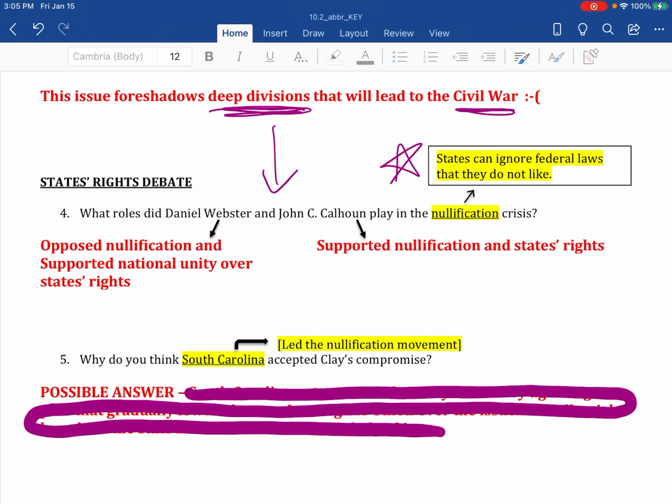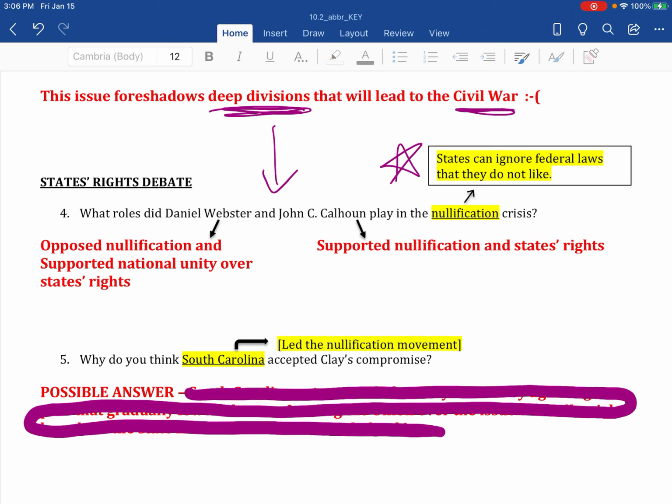The southern states like South Carolina were basically threatening to leave the country if their wishes were not respected. So it becomes a crisis. They call it the nullification crisis because states almost left the Union. Now, Henry Clay comes along, and I can't remember if he was a representative or a senator at this time. He bounced back and forth, but he was definitely in the government, and he offered up a compromise.